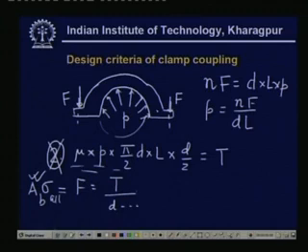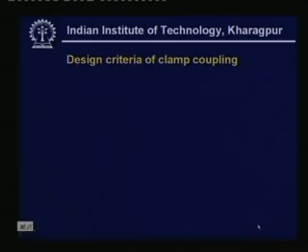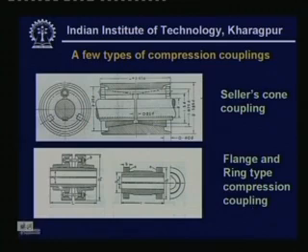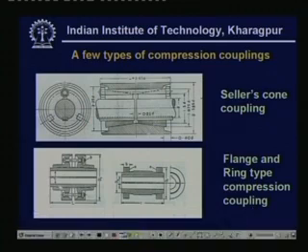We now come to the next type of coupling, which is known as the compression coupling. Here the methodology is that we use the principle that whenever we insert a wedge, it develops a large frictional force.